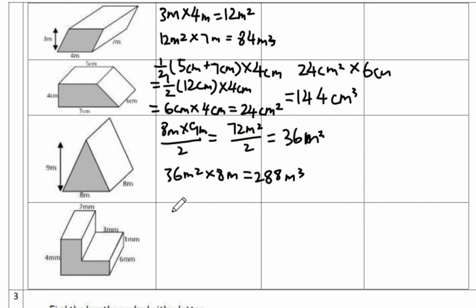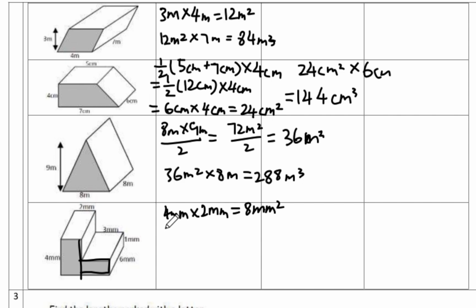For this one, we will need to find the area of this shape first. We can split it like this. So we will find this part first. 4m multiplied with 2 would equal to 8 square. And now we will find this shape.